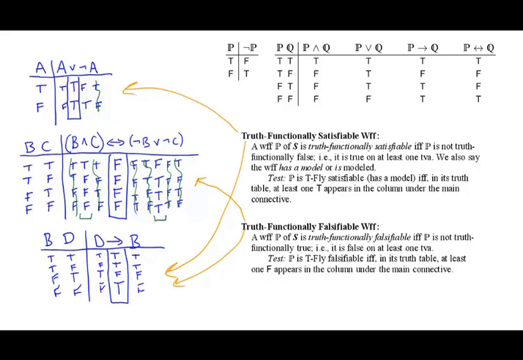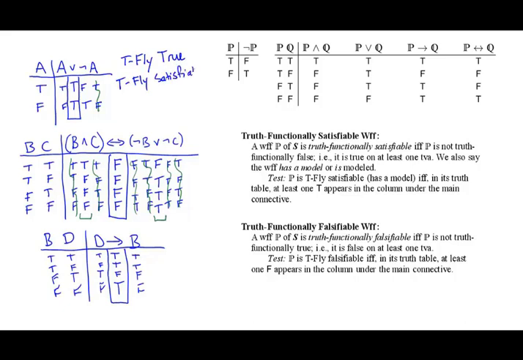So what we wind up with is the following situation. The first formula is truth functionally, and T-fly is my little abbreviation for truth functionally, so I don't have to write the whole long thing out. It's truth functionally true and truth functionally satisfiable.